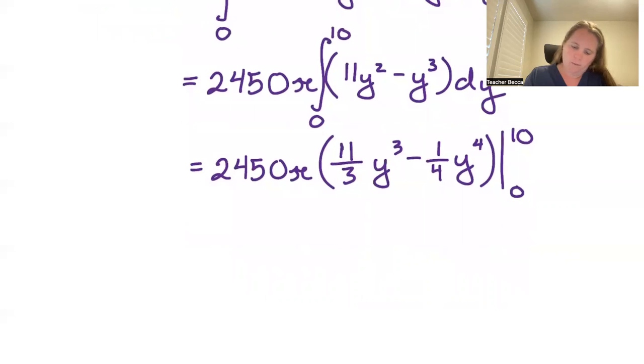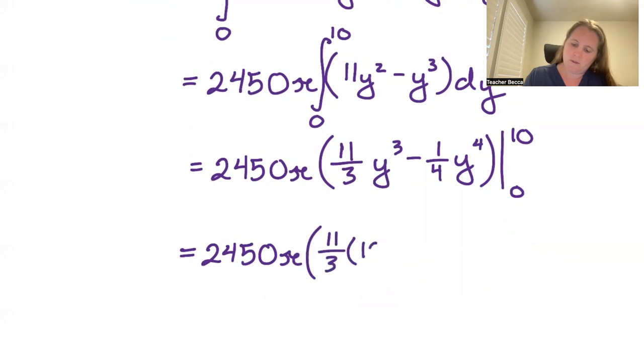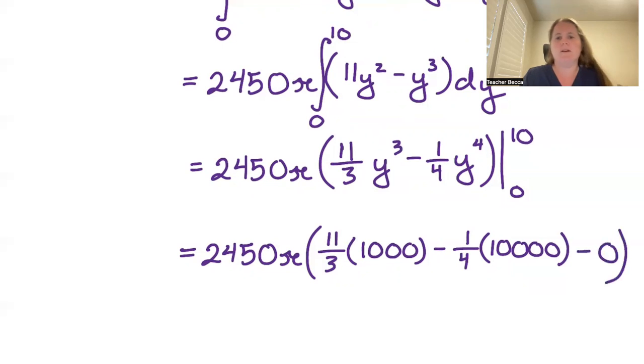So this becomes 2,450 pi times 11 thirds times 10 cubed, which is 1,000, minus 1/4 times 10 to the 4th, which is 10,000. And then, of course, we have minus 0, plugging in 0.